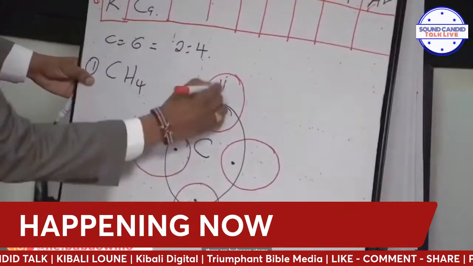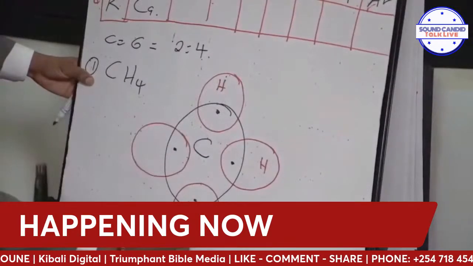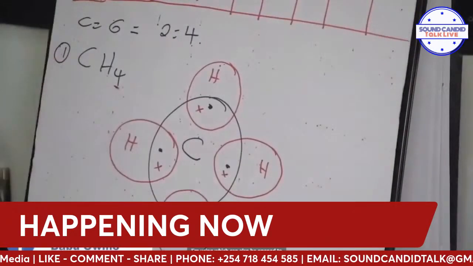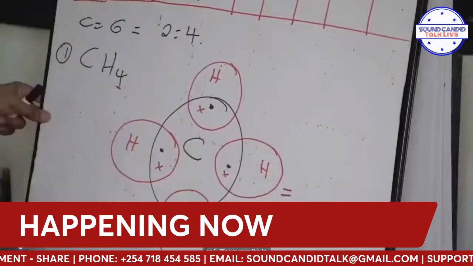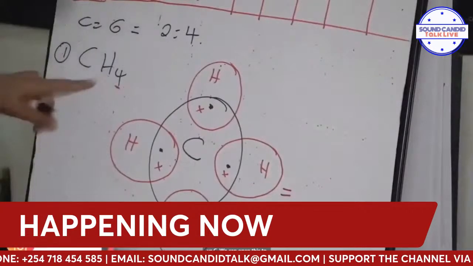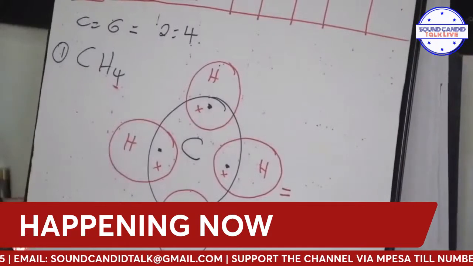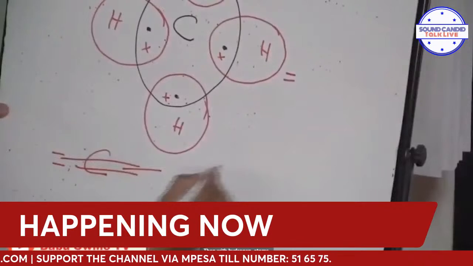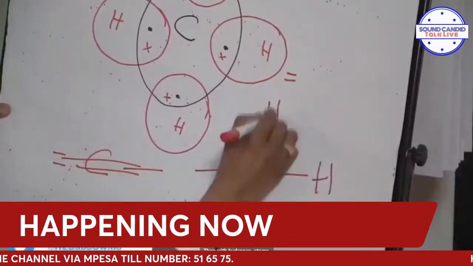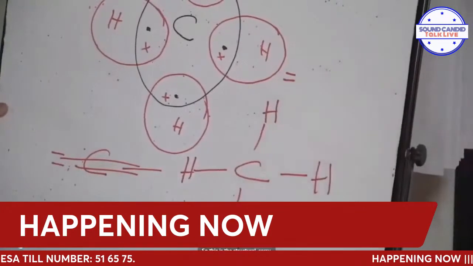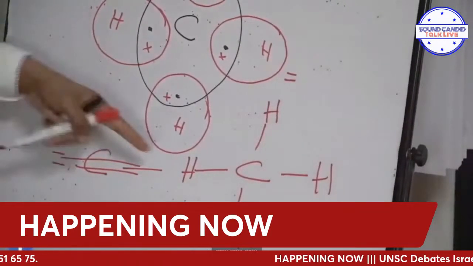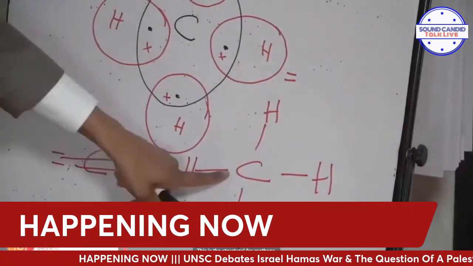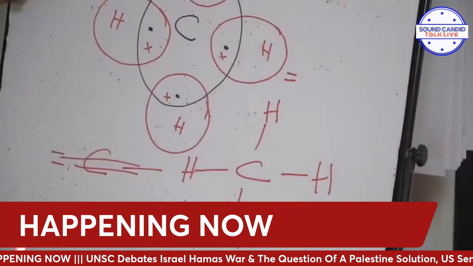So if these are hydrogen atoms, then each hydrogen gives 1 electron. This can also be written as C with the hydrogen atoms. This is the structural formula for methane.